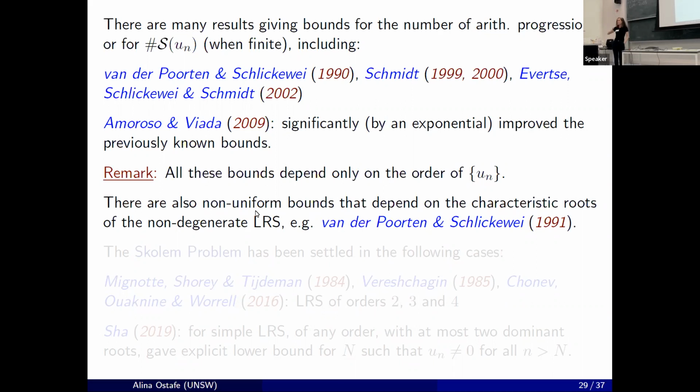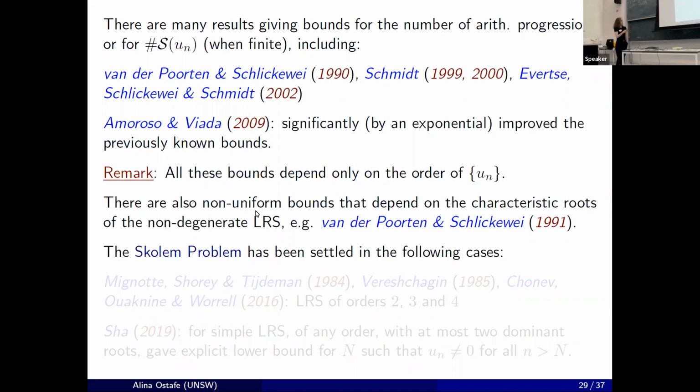But of course, all these bounds on the number of zeros or the number of arithmetic progressions do not tell you if the sequence has a zero, in the non-degenerate case, because this is the interesting case. So we don't have a bound for the size of zeros when the set is finite.